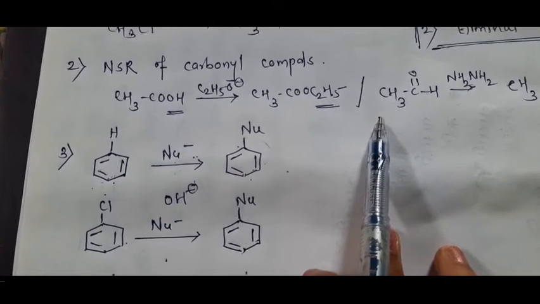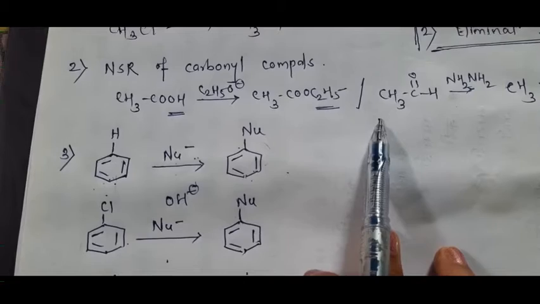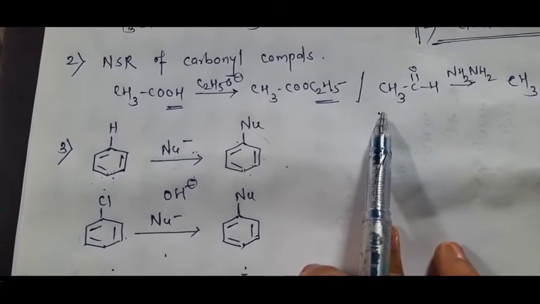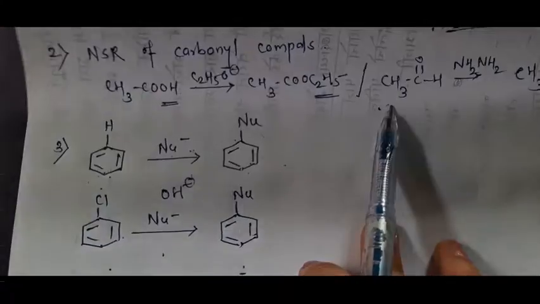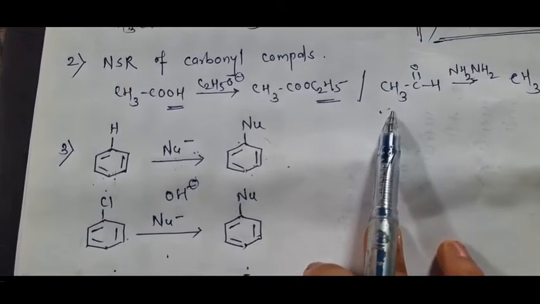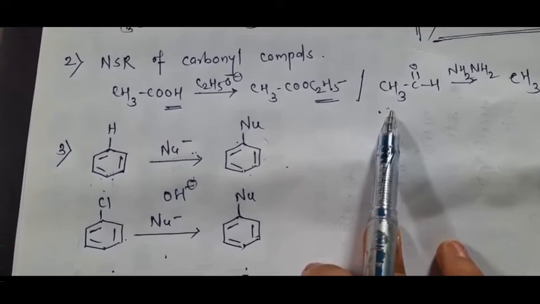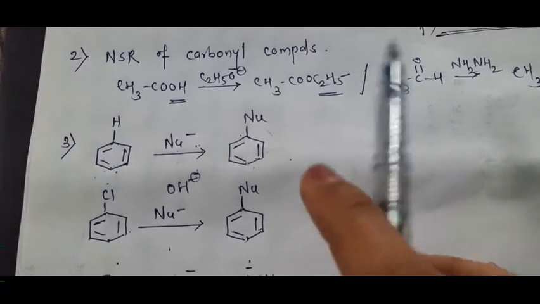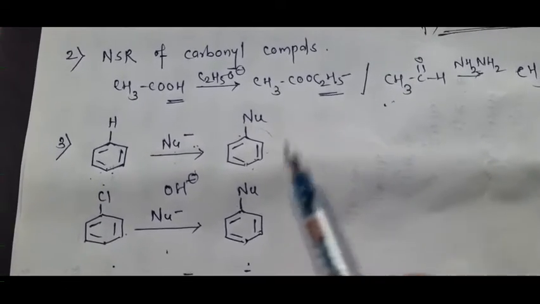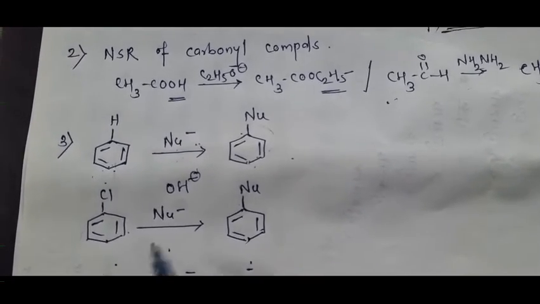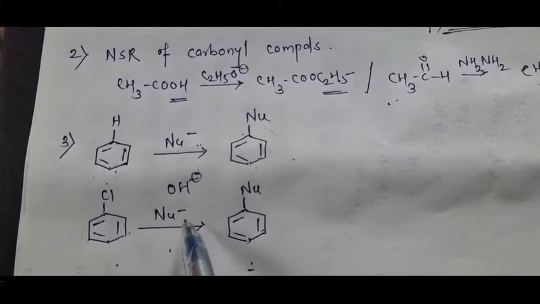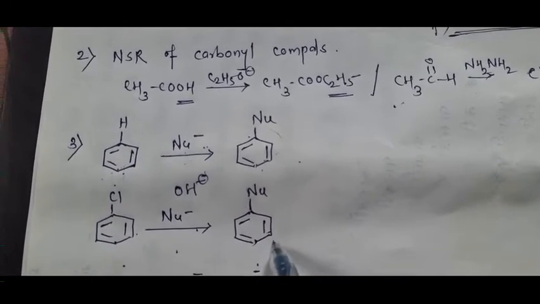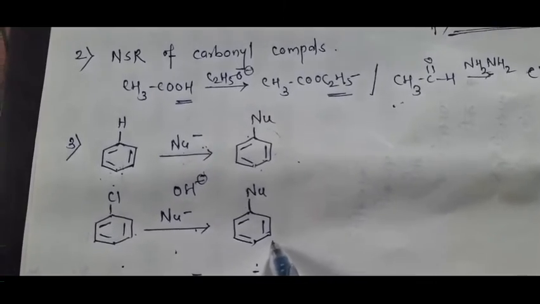But at the same time, it is observed that when these rings have additional electron withdrawing groups present, then these rings can undergo nucleophilic aromatic substitution reactions very easily. What I mean to say is, when I am considering chlorobenzene and the reaction is taking place with nucleophile OH minus to give me a phenol, the reaction sounds difficult.